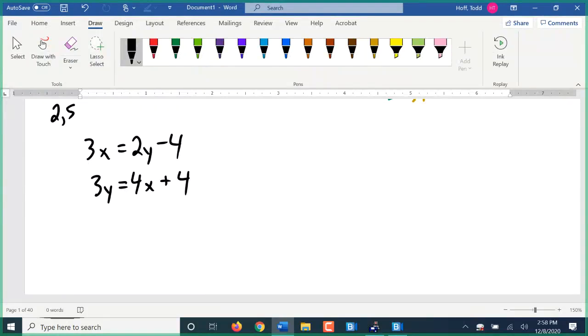Oops, sorry, 4x plus 7, that should be. These equations are not in the form we want them. We want them in standard form, x, y equals constants. These are not there.